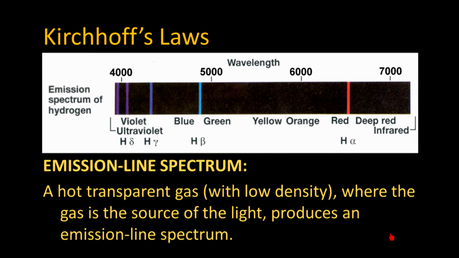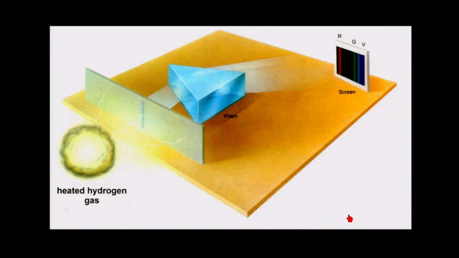To show you the cartoon version of that, what you'll notice is the light bulb is now gone. The reason is because the cloud itself is the source of the light. So we have a hot cloud of gas, the gas is glowing, the light that the cloud gives off goes through the slit, through the prism, and then what we end up getting is a dark background with only certain colors present, otherwise known as an emission line spectrum.